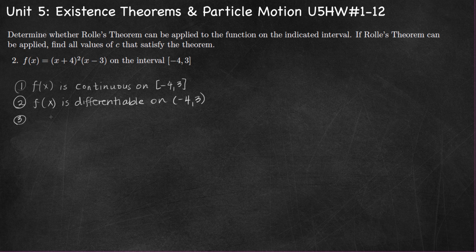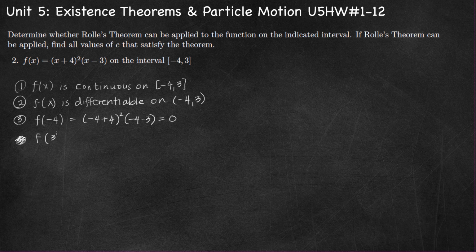And then number 3, we're going to check at our endpoints, is the value of the function equal? So f of negative 4 is negative 4 plus 4 squared times negative 4 minus 3. That's equal to 0. We're just checking the other endpoint.